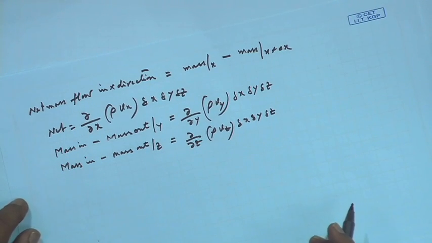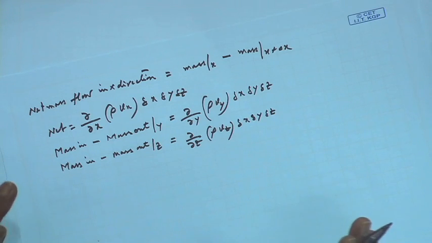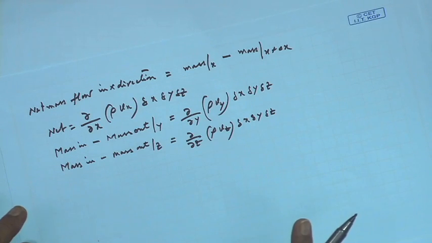So, if we have taken care of all three directions, x, y and z, whatever mass is coming in and whatever mass is going out, that is the net mass flow in all three directions, then we can say that is the total mass which has flown there.